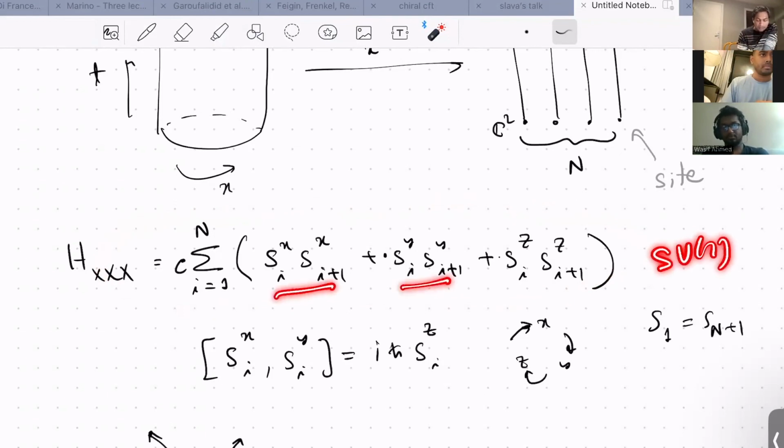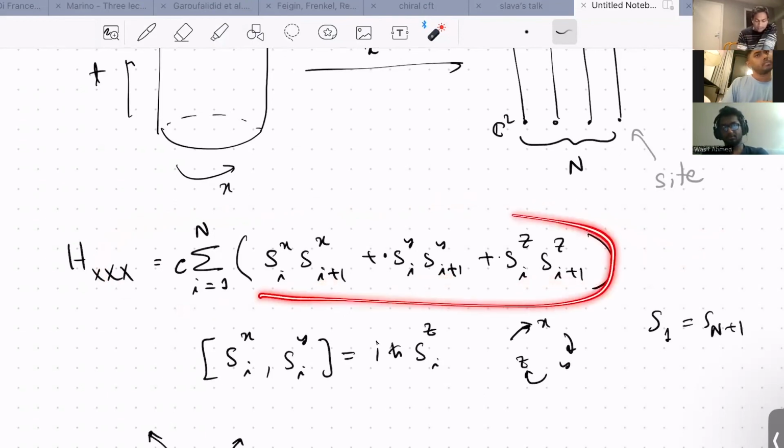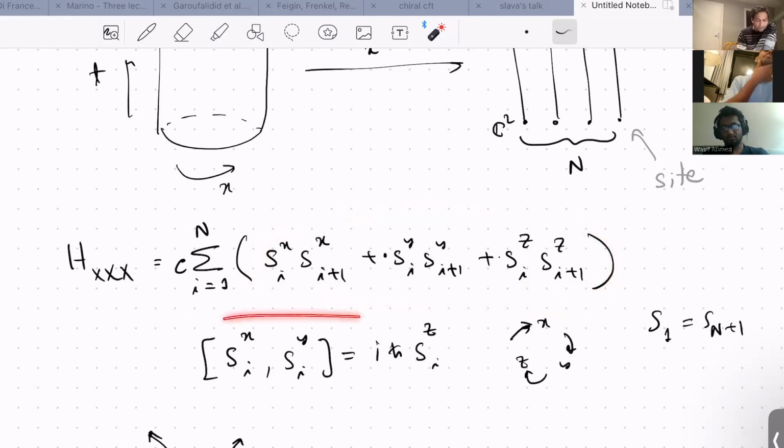Because these are written in terms of SU2 generators, and this is basically the Casimir operator of SU2. So this will commute with your SU2. So you have an SU2 symmetry in the spin chain. But those theories that I just mentioned that have fermions and are still dual to spin chains, those spin chains will have symmetries, say, maybe SU(L|M|N). So they will have super Lie algebra symmetries. I see. But there are certain examples of that.